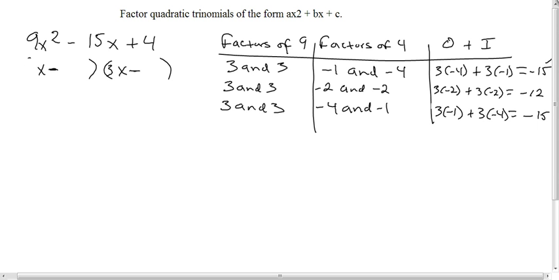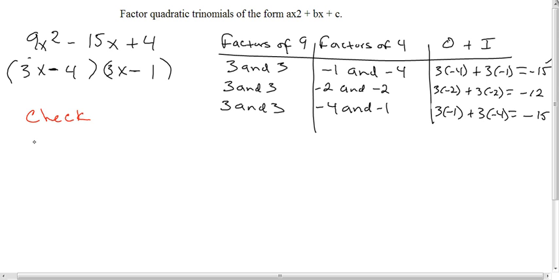So we have a 3, and then we can go ahead and put our parentheses there. We got our 3x and our 3x, and of course negative 4 and 1. That's amazing, because we got them both twice there. Anyway, let's go ahead and check it and call it a day.